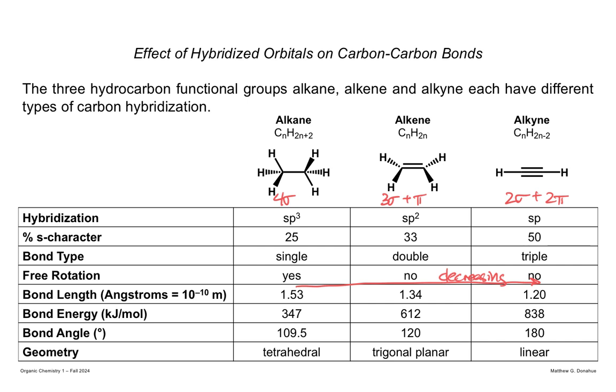What about for the bond energy? What happens there? So this increases. And for the exact same reason, you're putting more energy between those two atoms. So you're making a stronger bond, it's harder to break.